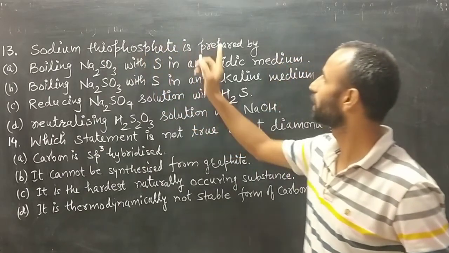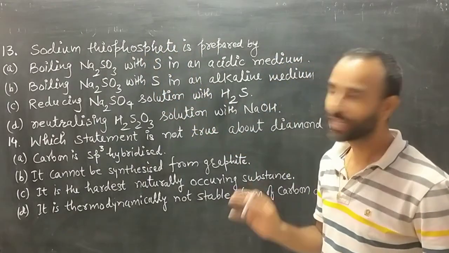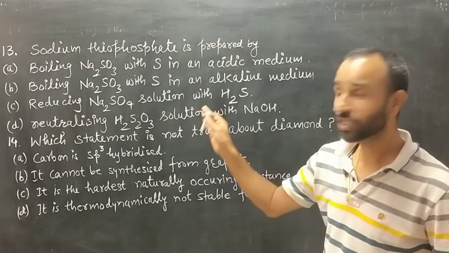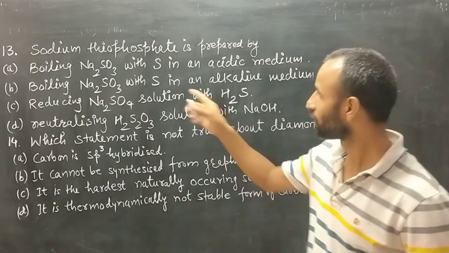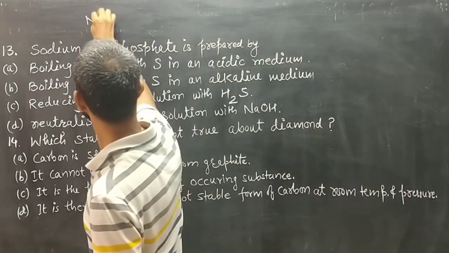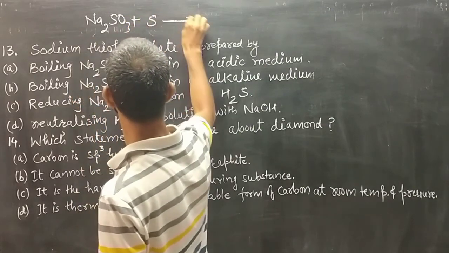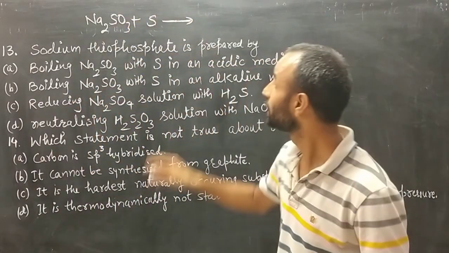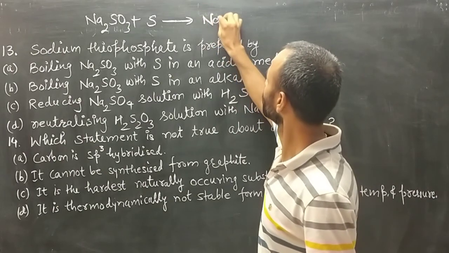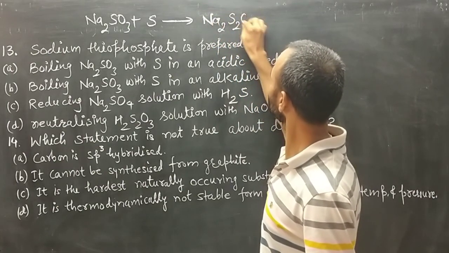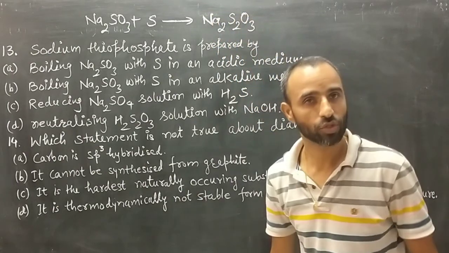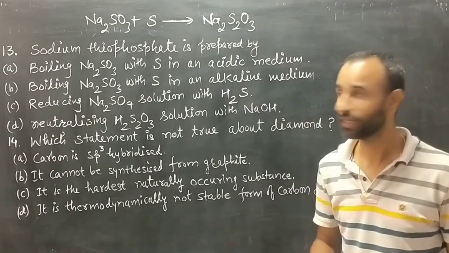Sodium thiosulfate is prepared by... very easy question, asked in most of the exams. See, the answer is: when sodium sulfite is boiled with sulfur in acidic medium, we get sodium thiosulfate, right?